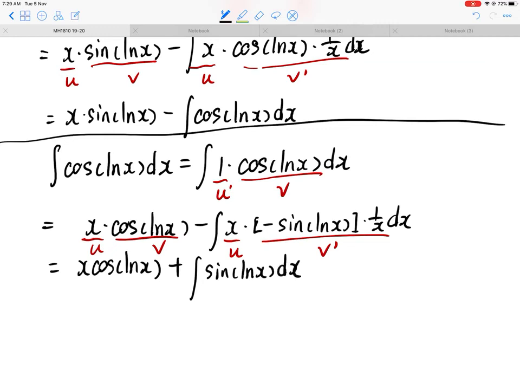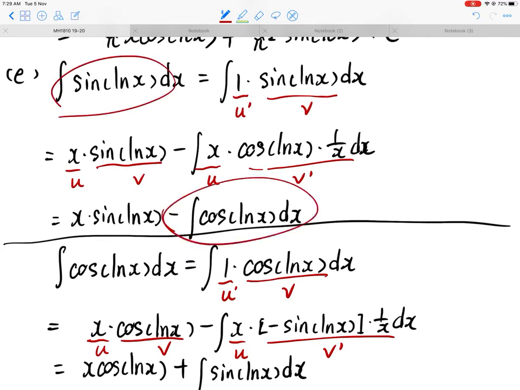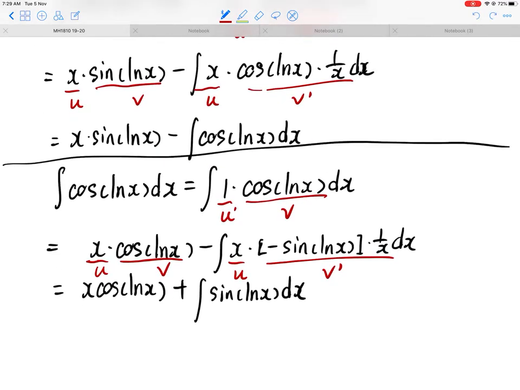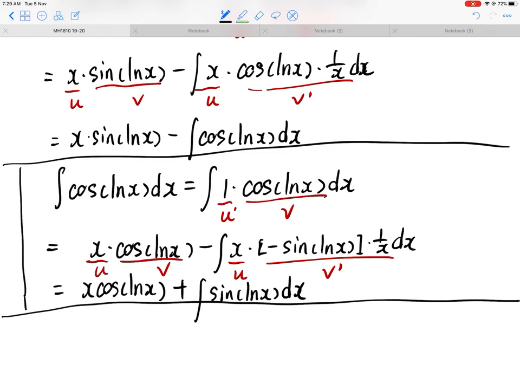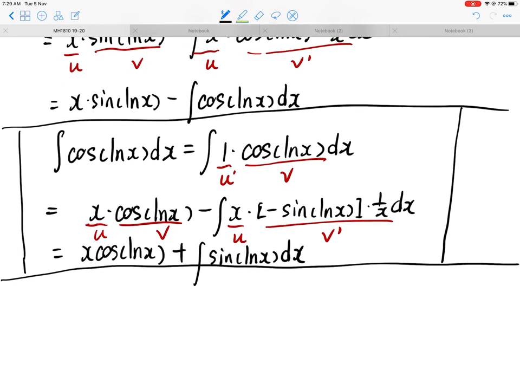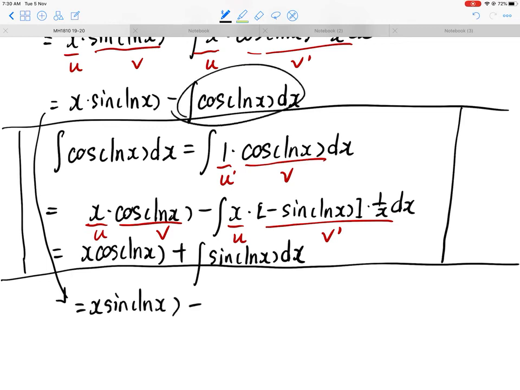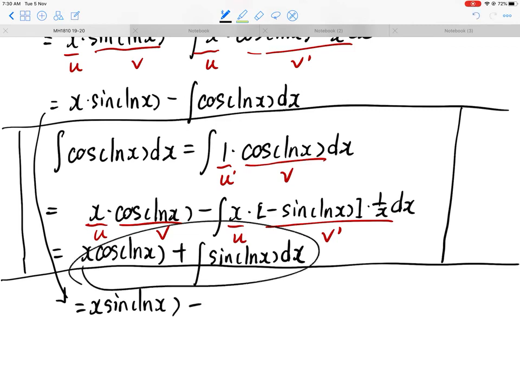Okay, so here's something interesting. This is some formula of sine ln x integration, right? Here, this is some formula of cosine ln x integration. So we can do the substitution now, right? We can come back to this equation. So now it's x sine ln x minus, so now we know this part is this, right?